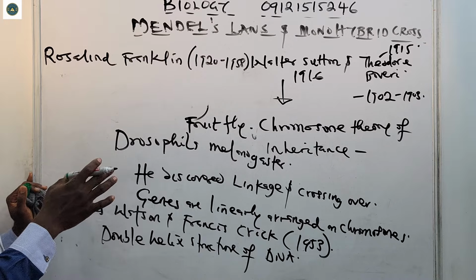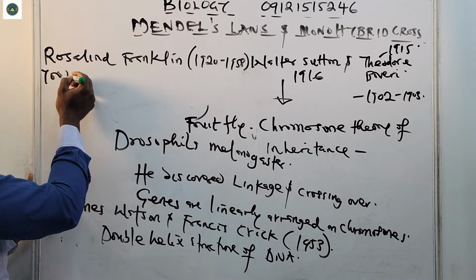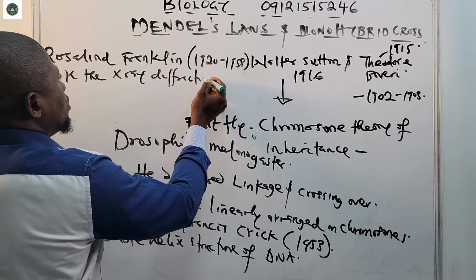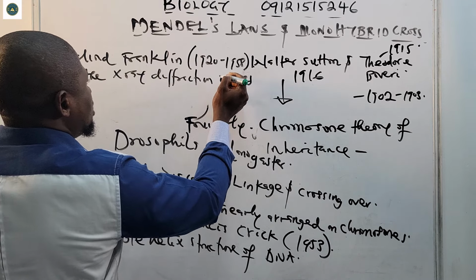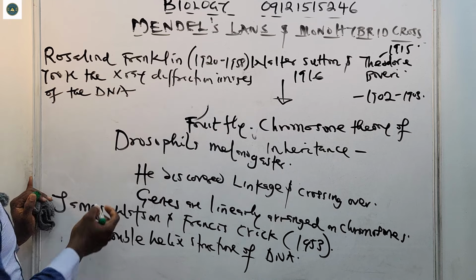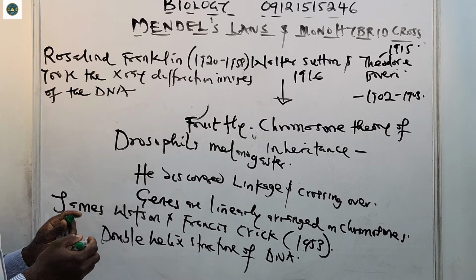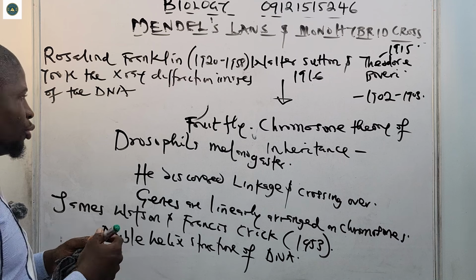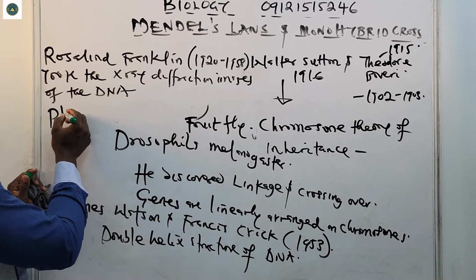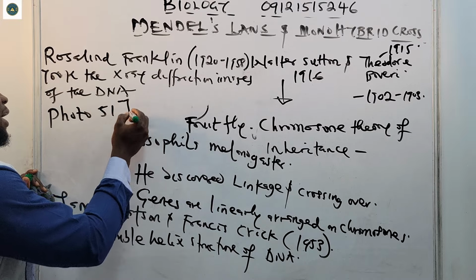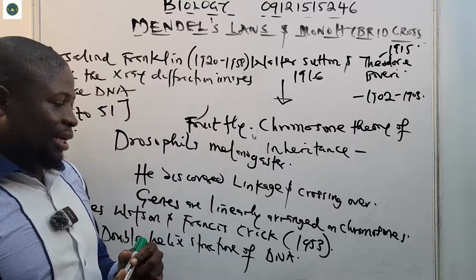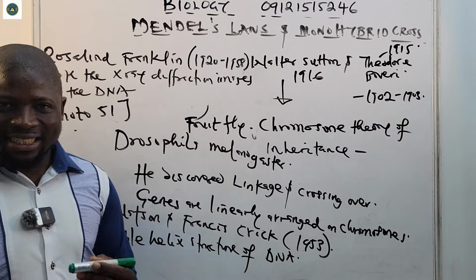She was the one that took the X-ray diffraction images of the DNA, which enabled James Watson and Francis Crick to build the DNA model. A famous photo was called Photo 51, which James Watson and Francis Crick used to develop the DNA model.